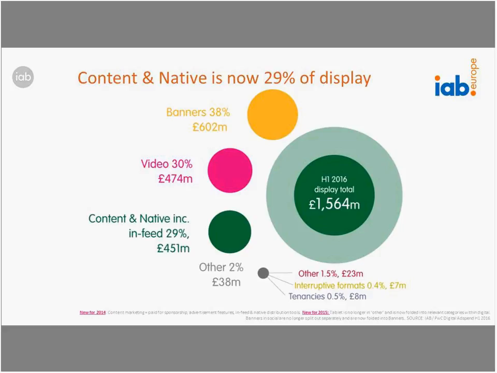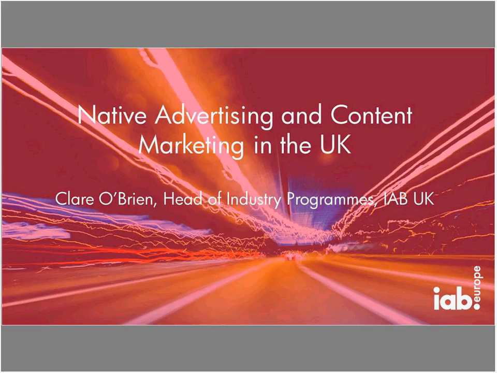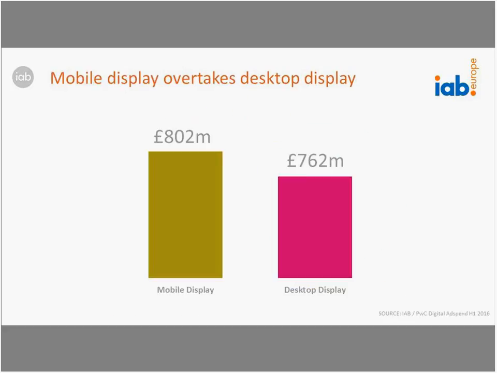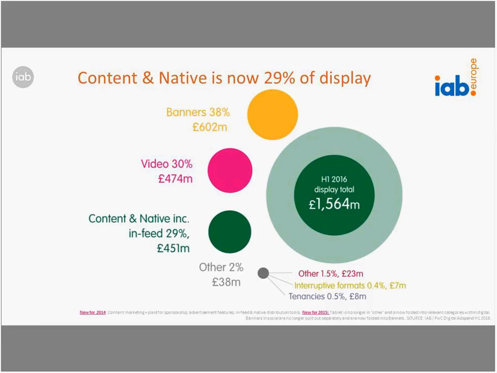And I have a feeling that we've lost the slide here. So I'll talk everyone through what this means up front. Originally, the total ad spend for H1 2016 in the UK is 4.777 billion.